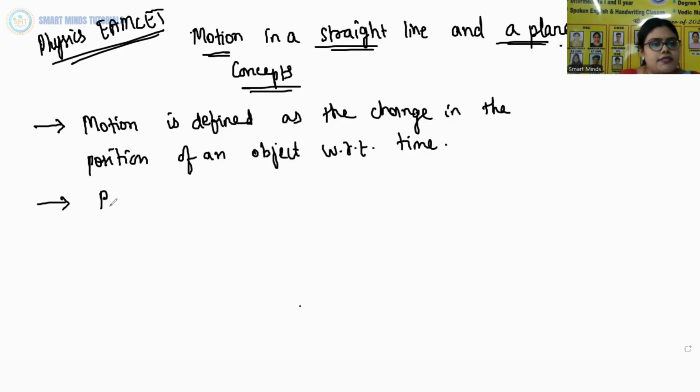Next is rest. Now you are sitting. The objects are lying on the table. So that means it is at rest. Why? Because it is not moving. Understood? So that is the meaning of rest.